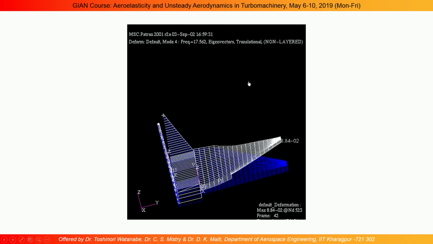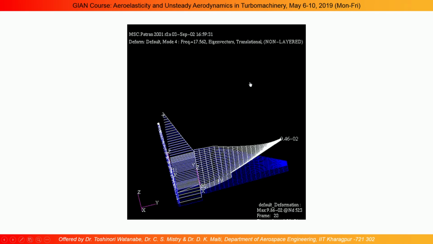At the flutter point, we cannot really identify whether it is vibrating more in a bending mode or the torsional mode. It is a combination of deformation. That is what I am showing here. For different forward velocities, it vibrates like this. Initially it was torsional deformation, slowly it goes to bending deformation.